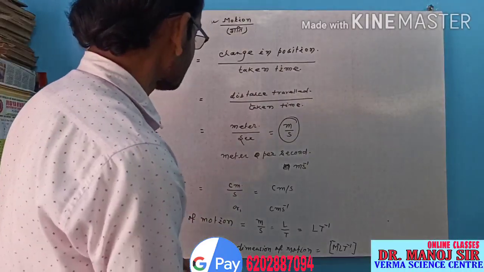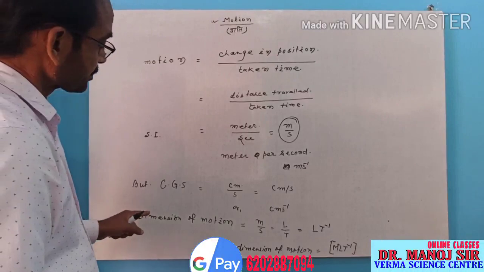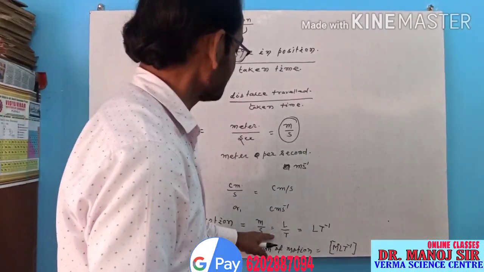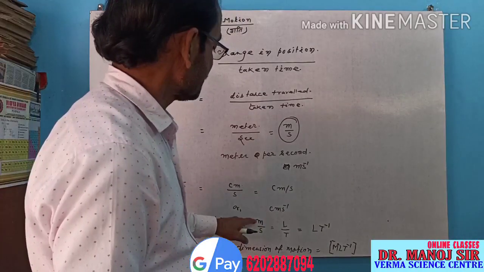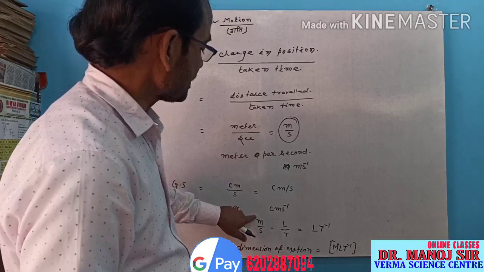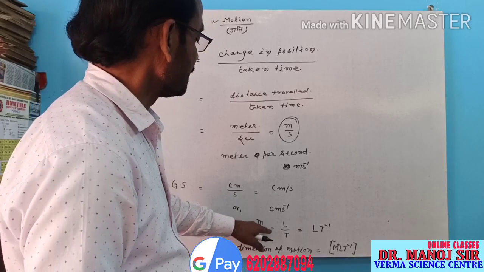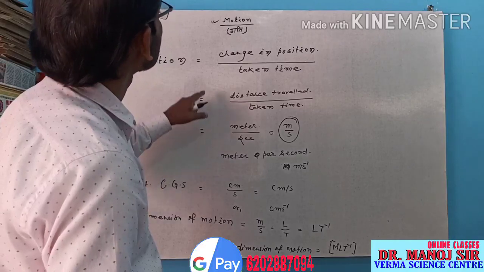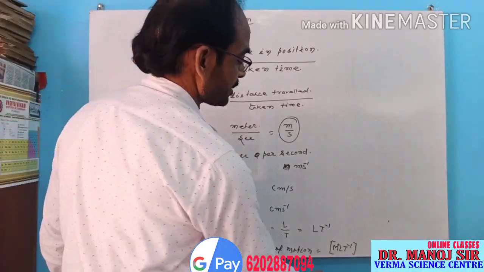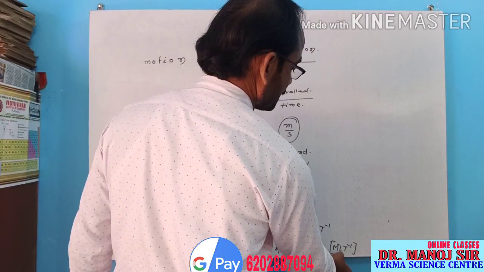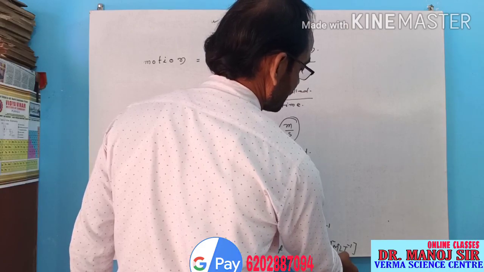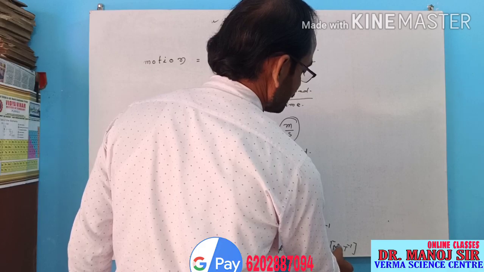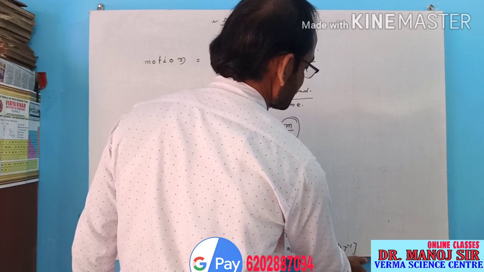In the dimension of motion only the travel distance and second are present, and there is no mention of mass. Hence mass becomes 0, length L, time per second, that is M naught L T minus 1.